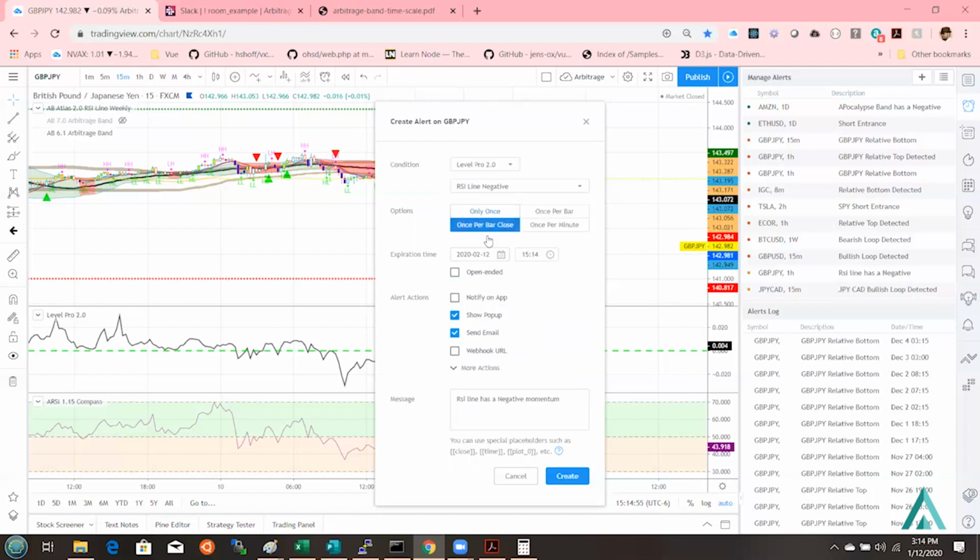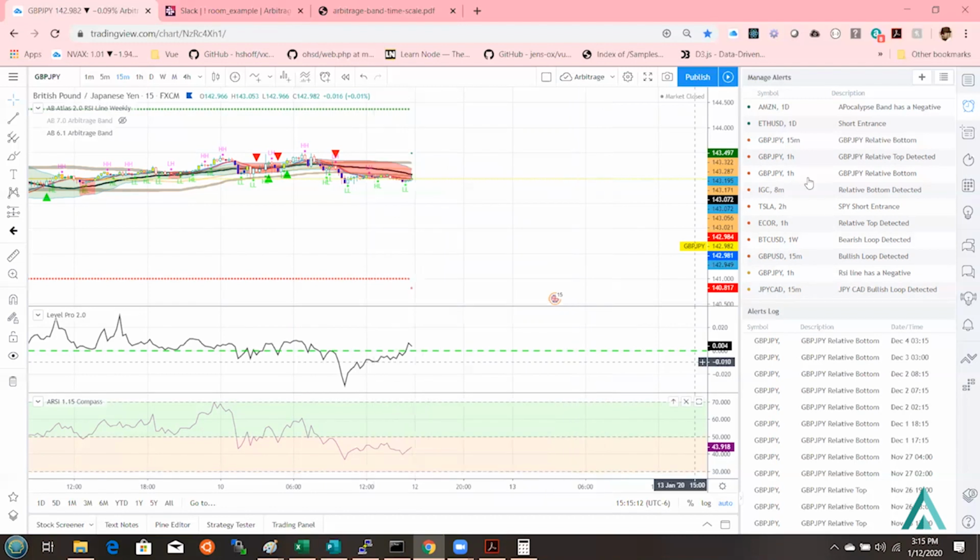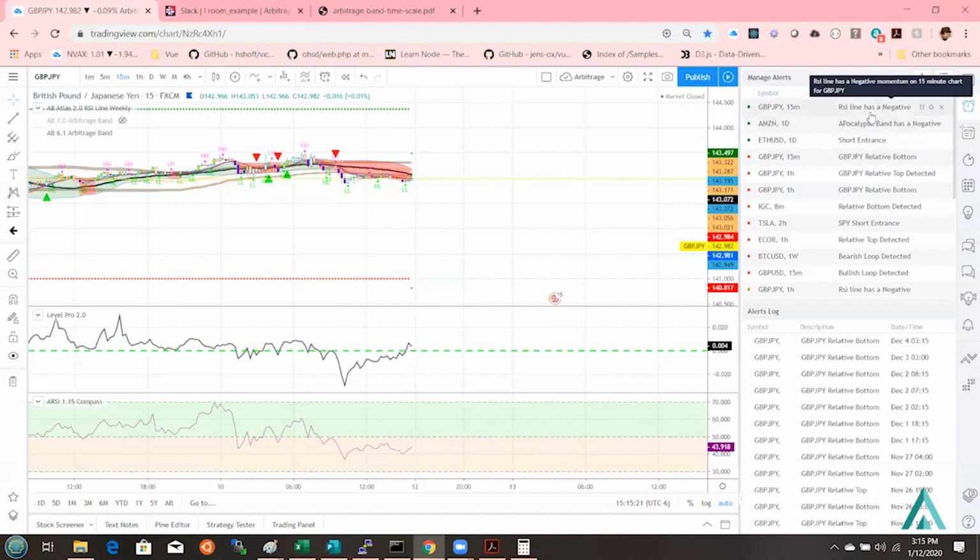And I always want to set it at once on bar close. Doing that, it'll tell me my RSI has negative momentum, and I say on the 15-minute chart for GBP JPY. Then I create the alert, and anytime it goes negative, I should get an alert saying my RSI went negative, and let me out, right?